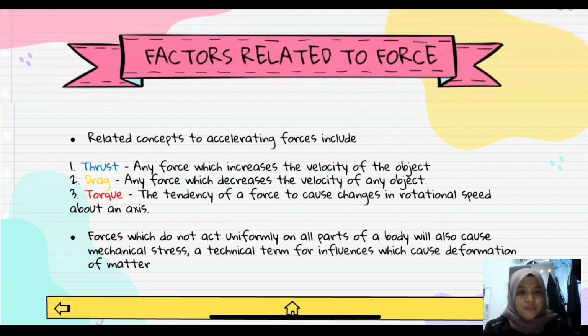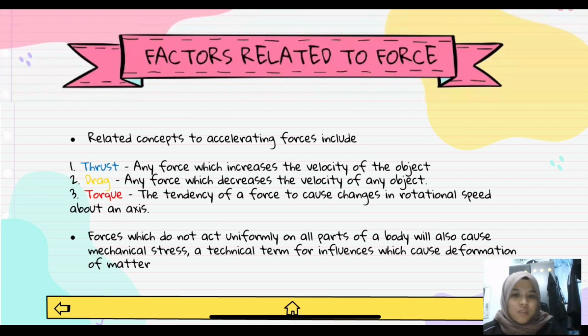For factors related to force, related concepts to accelerating force include: first, thrust, any force which increases the velocity of an object; second, drag, which is any force which decreases the velocity of an object; and third, torque, the tendency of a force to cause changes in rotational speed about an axis.